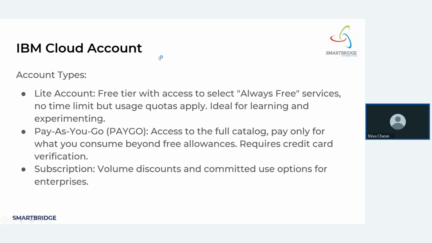Okay, IBM Cloud account and account types. Even to use IBM Cloud, it has been segregated into different types. First one is the Lite account. Lite account is nothing but the free tier with access to select always-free services. Sometimes some services will have a limit, and mostly that is considered under always-free services, just like we have seen with Gemini, right?